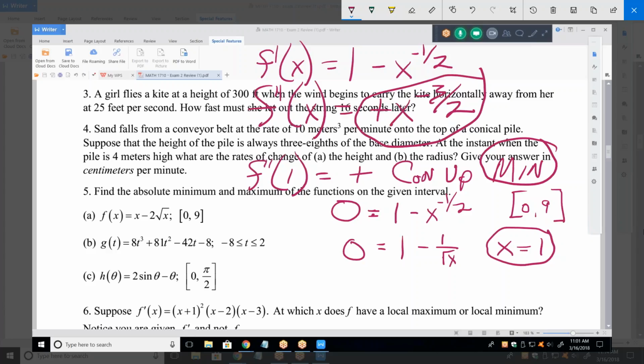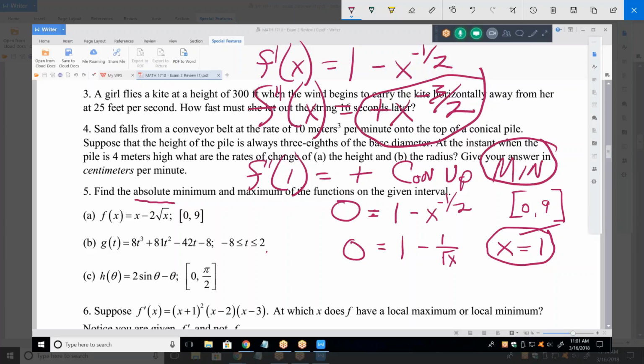Now, I think the second derivative test is a lot easier than the first derivative test. So it's worth knowing. However, if we go back and look at the problem, they said absolute minimum. Well, this little test that I used finds relative minimums. Now, it's true that between 0 and 9, there is only one place. However, we have to check the endpoints also.